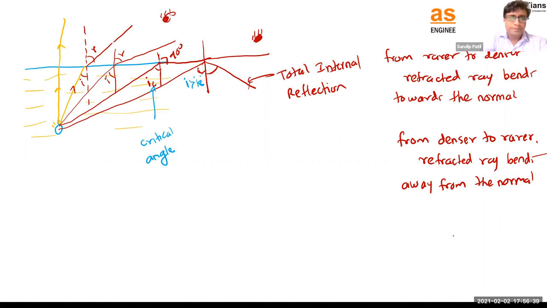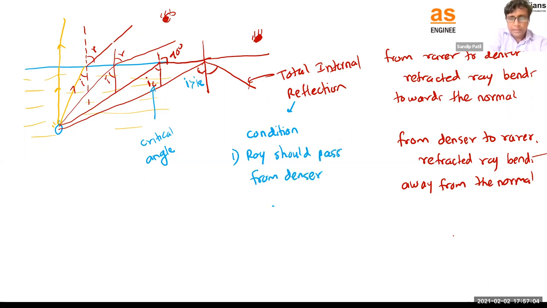So now we know what total internal reflection is. But a very important point: there are two conditions for total internal reflection. First condition is the ray should pass from denser medium to rarer medium.